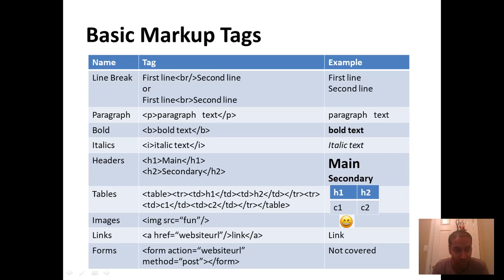Next we have headers. In order to define a header, you would use the H1 tag, the H2 tag, which would be a subheader, or the H3 tag, which would be a further subheader. In between the H1 opening tag and the H1 closing tag, you'd have the words you want to make into a header.